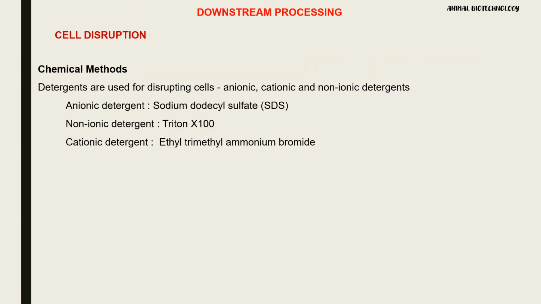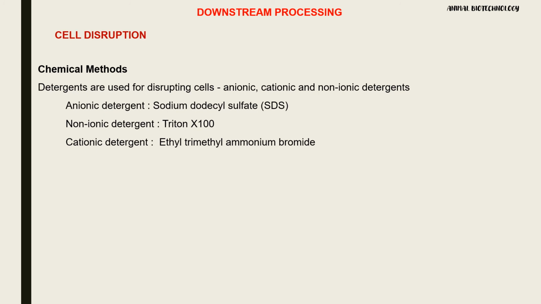Cell disruption methods by means of chemicals. In this method, chemicals or detergents are utilized for disrupting cells. These chemicals interact with the cell membrane components, causing bond breakage. Certain detergents that are used are SDS, cetyl trimethyl ammonium bromide, Triton X-100.